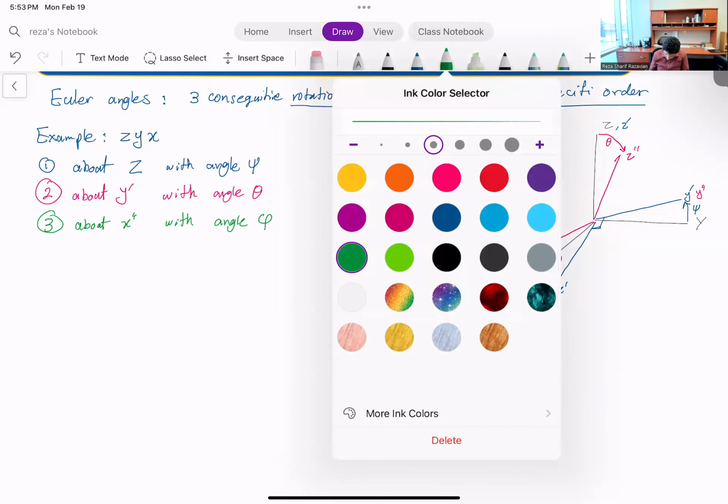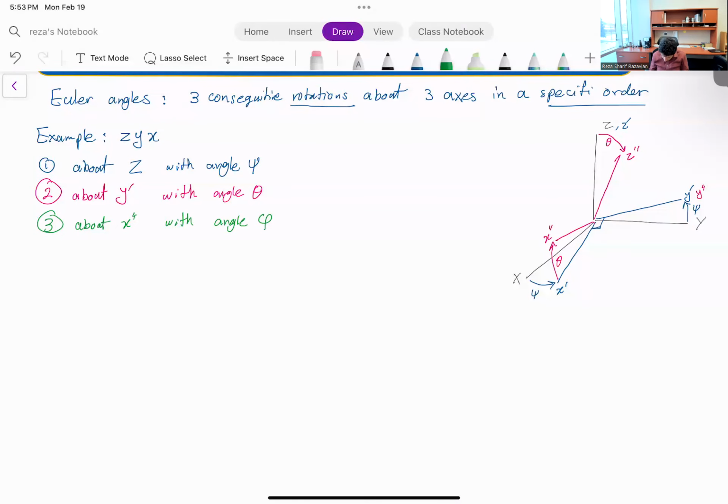Now rotate about this new x. It's going to be a little ugly, but this is going to be my final z. This is little z. And this one goes down maybe over there. This one becomes y, and this is my final x. So this is my final xyz.